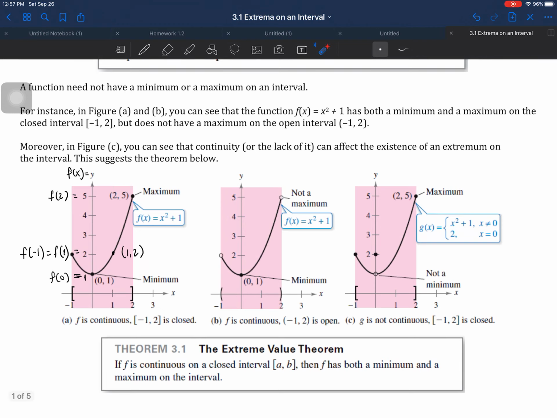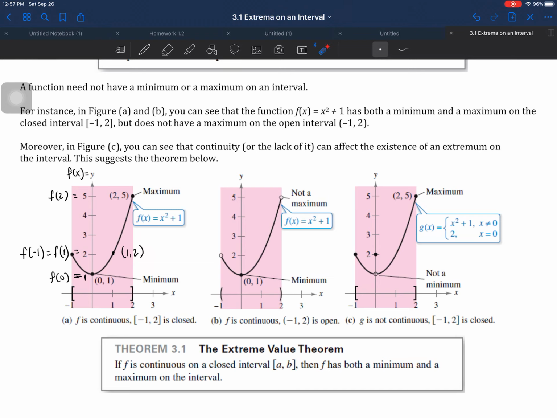Now, we can see here that it's very easy for us to find a maximum and minimum by looking at the graph if the graph is labeled. But the question that we want to ask ourselves, and that's where we're going to derive most of the energy for this section, is if I just give you this function and I just give you the interval, would you be able to determine the maximum and the minimum of the function?